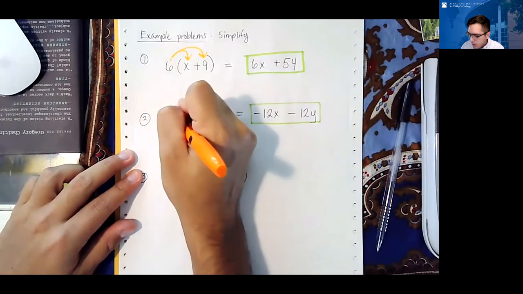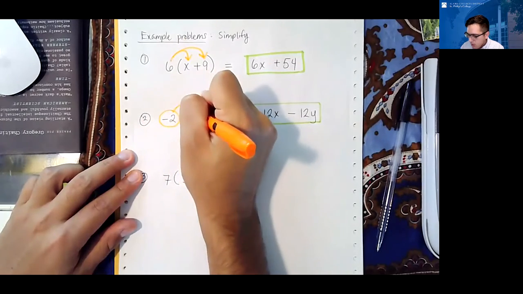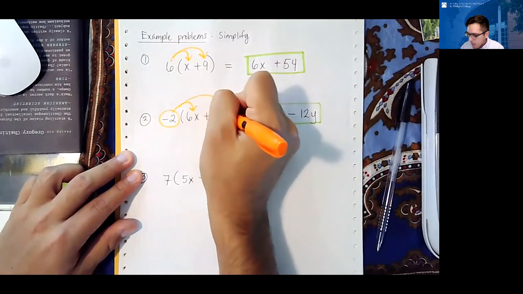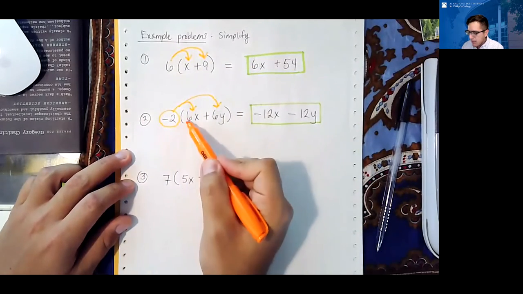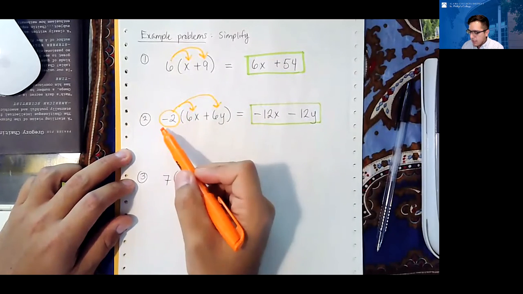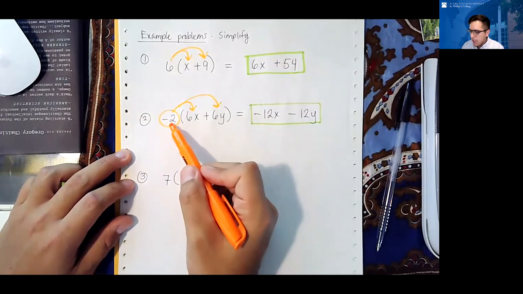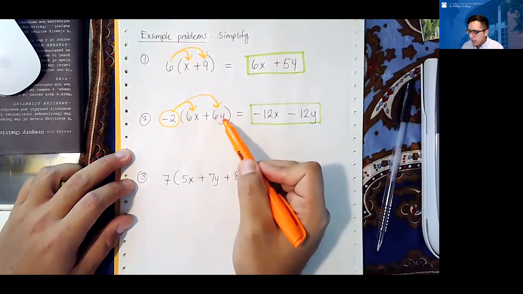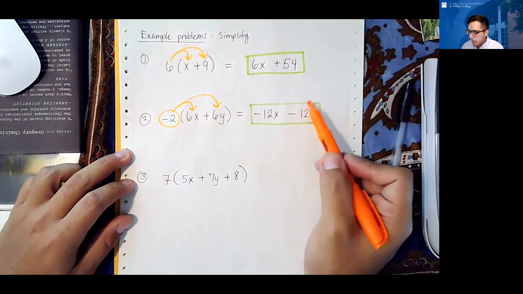Okay, again, here we're just taking the -2 and multiplying it by each of the terms that are in the parentheses. So -2 times -6x should be -12x. Same thing is going on over here. We have -2 times positive 6y. So that should turn into a negative or minus 12y.